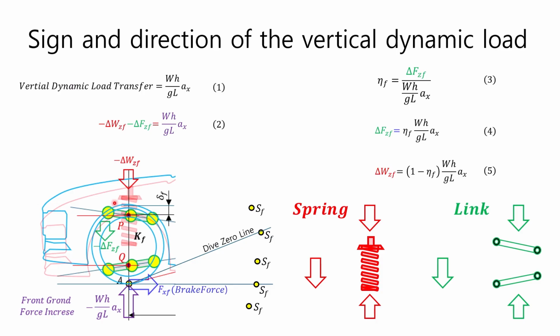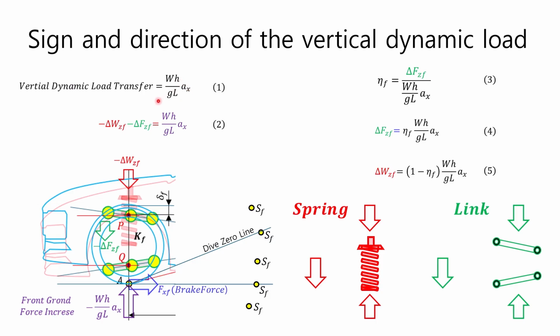Therefore, minus delta FZF in the figure is positive and acts as a tension force on the link. If the virtual reaction point is above the dive zero line, delta WZF is negative. Therefore, the minus delta WZF in the figure is positive and acts as a force that tensions the spring. This will be explained with a figure later on. The amount of vertical dynamic load transferred during braking can be expressed by equation 1.